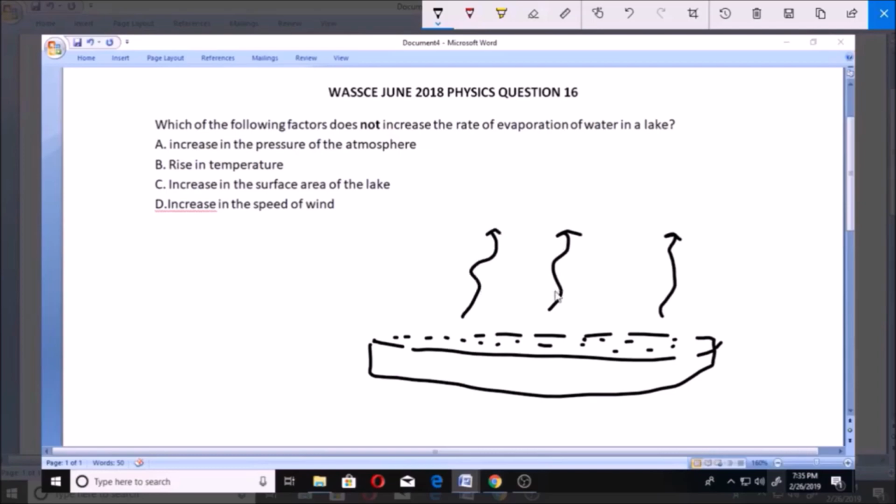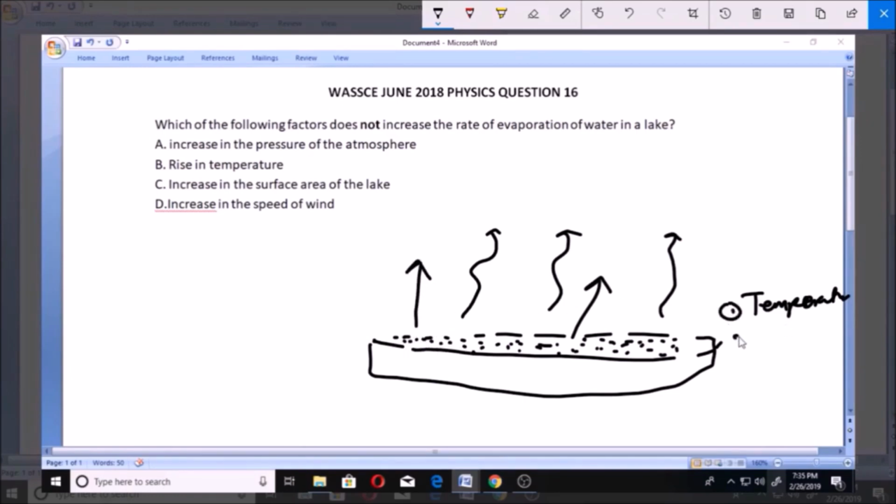Now, what are the things that will make there be more water moving from the surface of this lake into the atmosphere? Number one, you will know that temperature does that. If you increase the temperature of the water here, they are going to turn into vapor and they will start moving up. So temperature is very, very important.